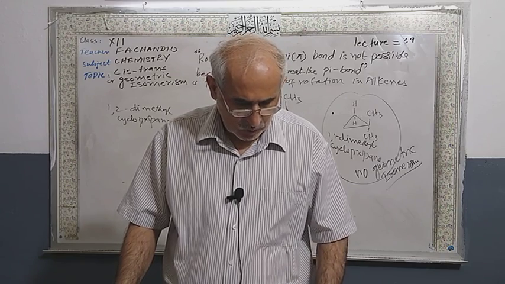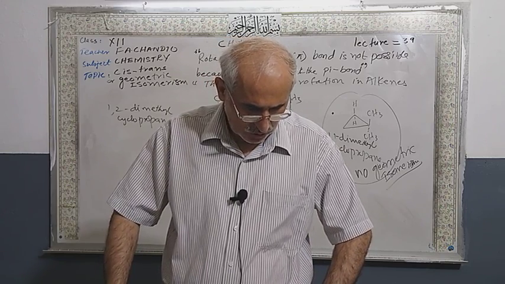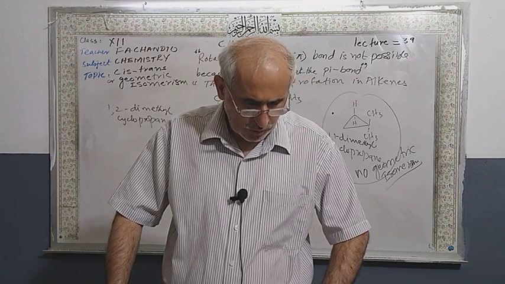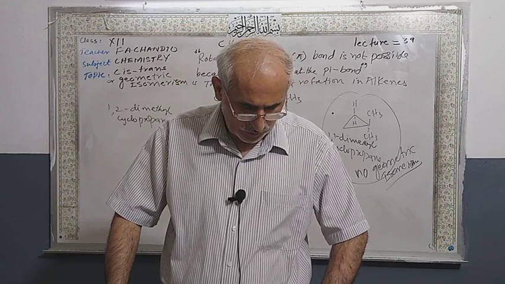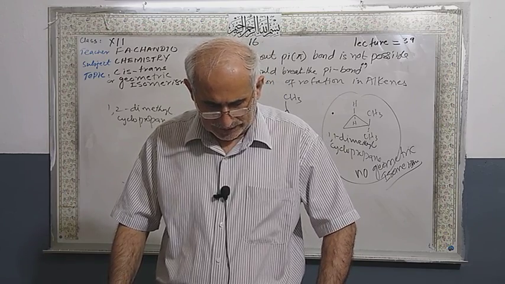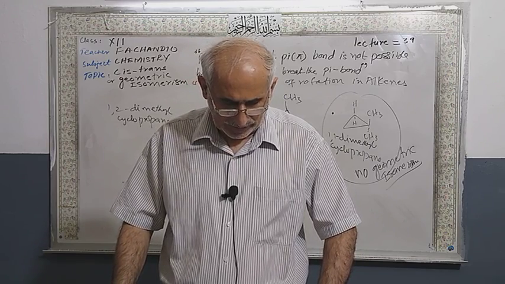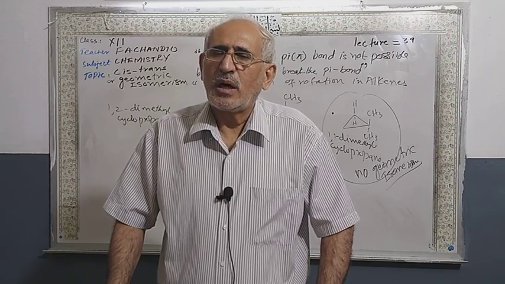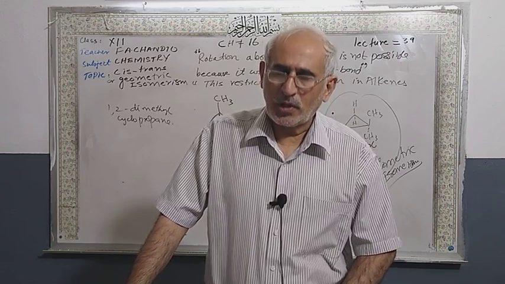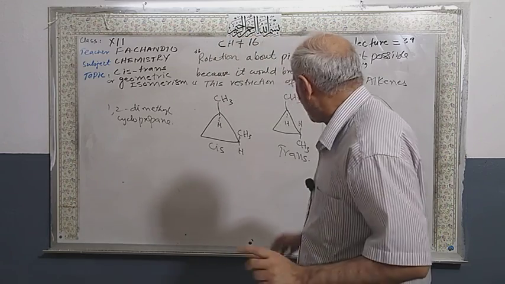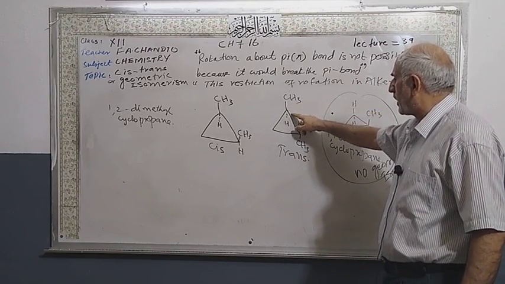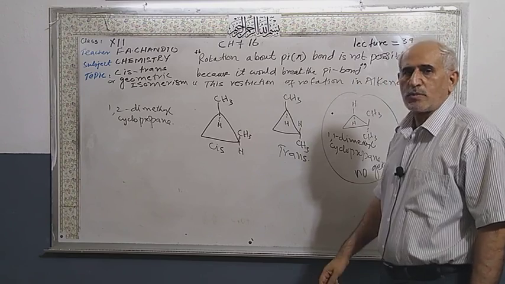These quick quiz examples are here, and you have to solve all of them. Which of the following compounds show geometrical isomerism? 2-butene, 2-methylbutene, 2-pentene, and 1,2-dichloropropane. Please do this very carefully and show whether there is geometrical isomerism or not. The hint I am telling you is given here: if two different groups are attached to the same carbon atom, they will give geometrical isomerism.